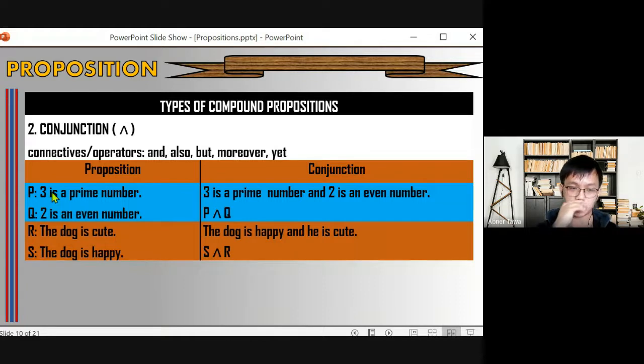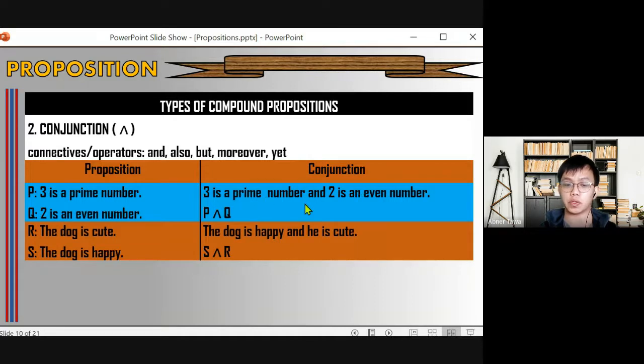So let's say we have here two propositions, wherein the first proposition is, let's have the symbol P, and that is 3 is a prime number, and then the other one is proposition Q, and that is 2 is an even number. If we're going to create a conjunction of these two simple propositions to make a compound proposition or a conjunction, we have here 3 is a prime number and 2 is an even number.